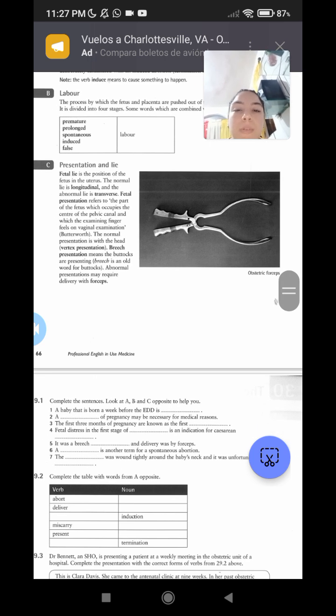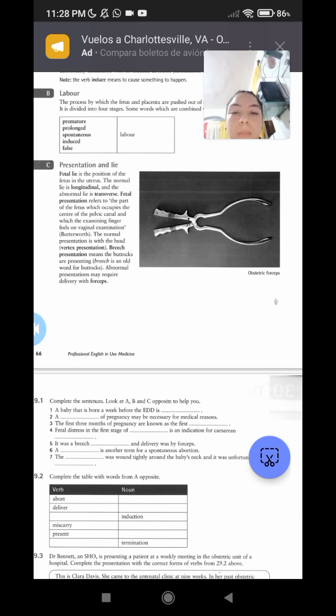Presentations of the fetus. Fetal lie is the position of the fetus in the uterus. The normal lie is longitudinal, and the abnormal lie is transverse. Fetal presentation refers to the part of the fetus which occupies the center of the pelvic canal, felt by the examining fingers on vaginal examination.